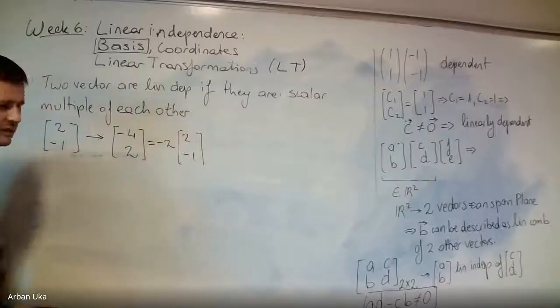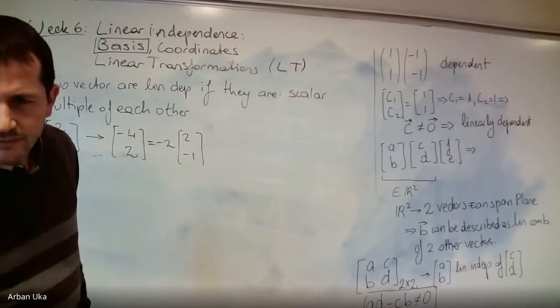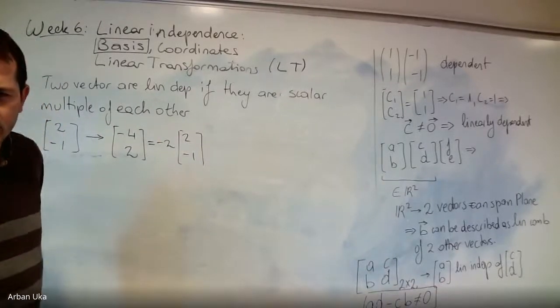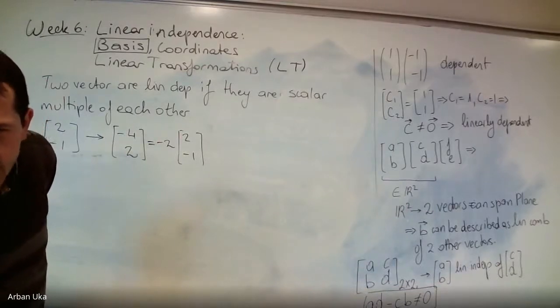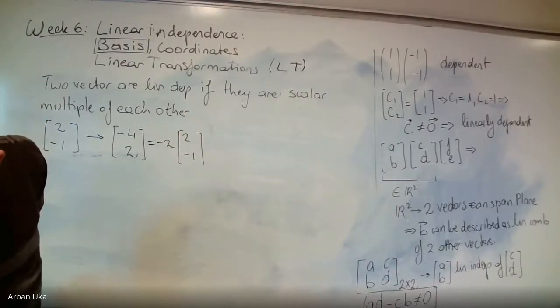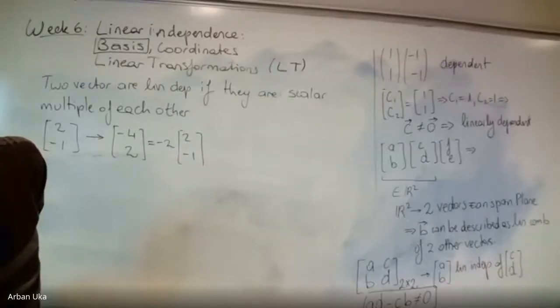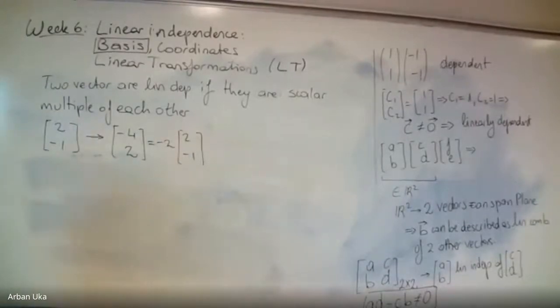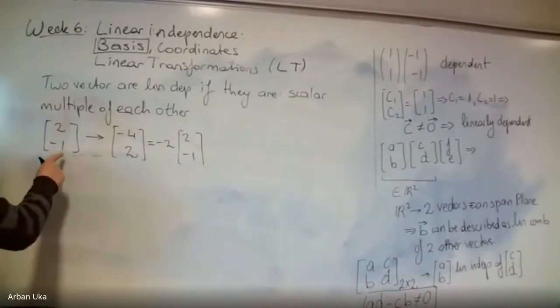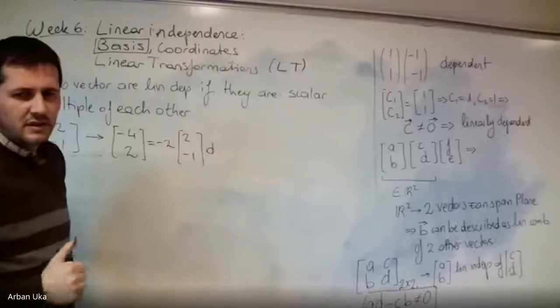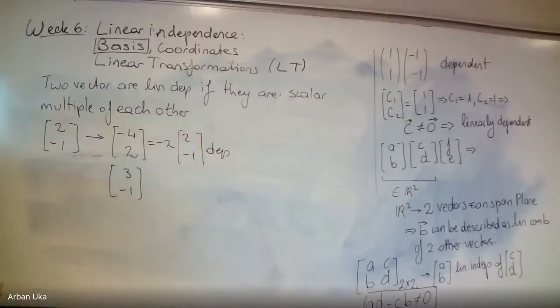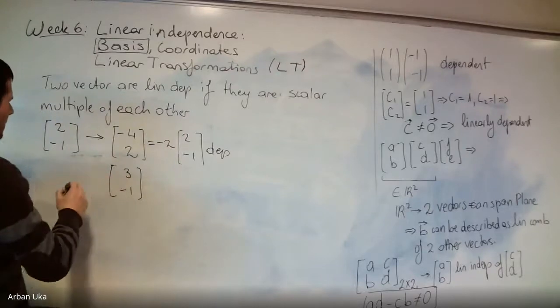Okay, let me have another volunteer here. You can raise your hand. Elio, let me start alphabetically. We have Elio here. Elio, can you tell me another vector which is linearly independent with respect to this? Independent. 3 minus 1. Okay, so how can we check this one?